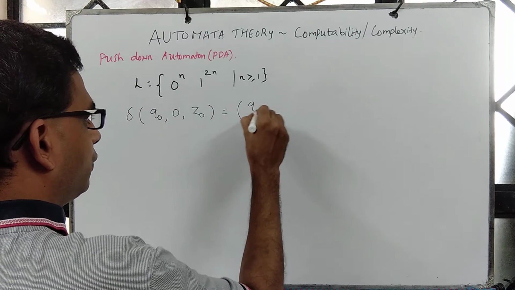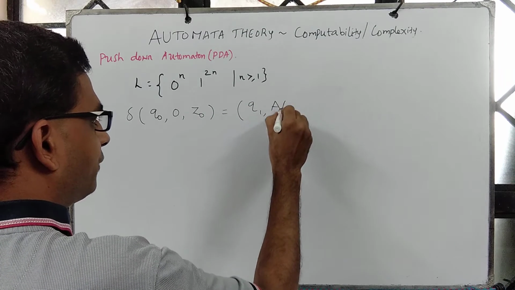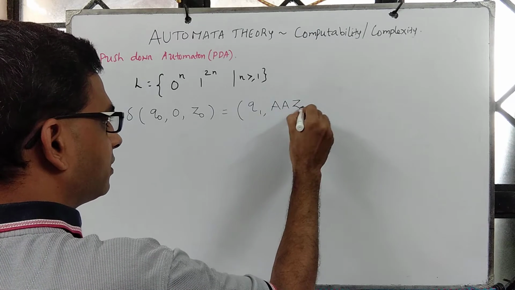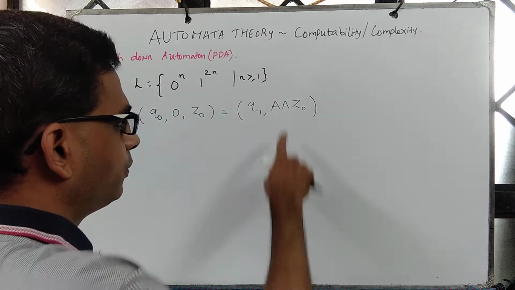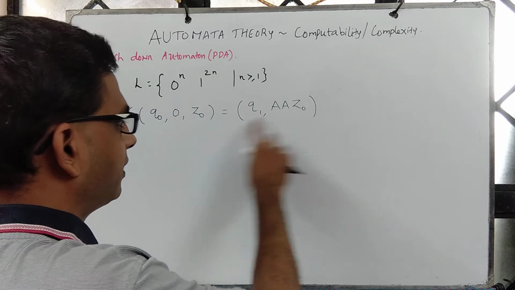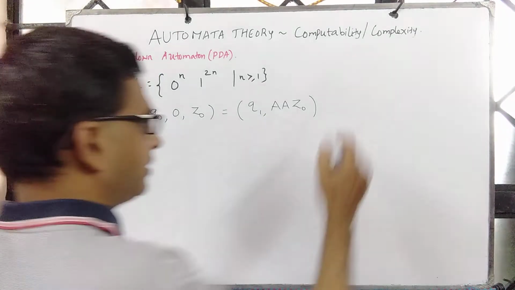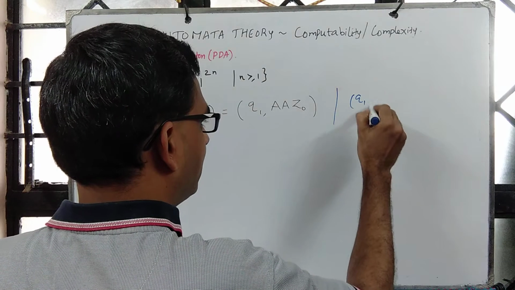We go to Q1, we push, remember for each 0 we push 2 symbols. We generally write the top 2 symbols of the stack. Now just for clarity purpose I have written this. Either you can write like this or you just mention Q1, AA.